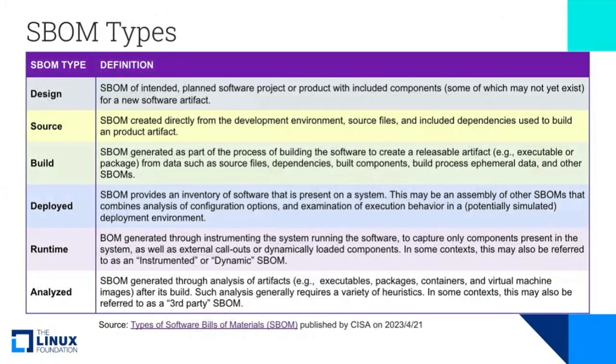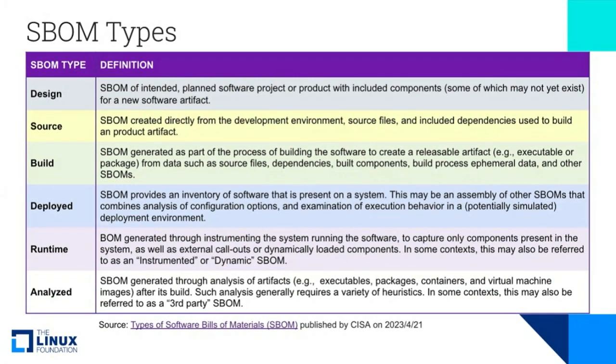And this is one of the reasons that in the CISA efforts, we spent the last 6 months with a group of industry stakeholders trying to define what are the types of SBOMs we're actually working with. And they roughly map to the life cycles. However, sometimes you can't capture it in the life cycle, so you have to do something analyzed with third-party tools and heuristics.